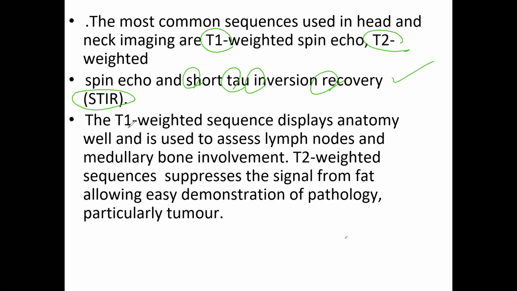So T1 weighted displays the anatomy and helps with the lymph nodes and the medullary bone. And T2 weighted images suppress the signal from fat, allowing easy demonstration of pathology and particularly tumor.